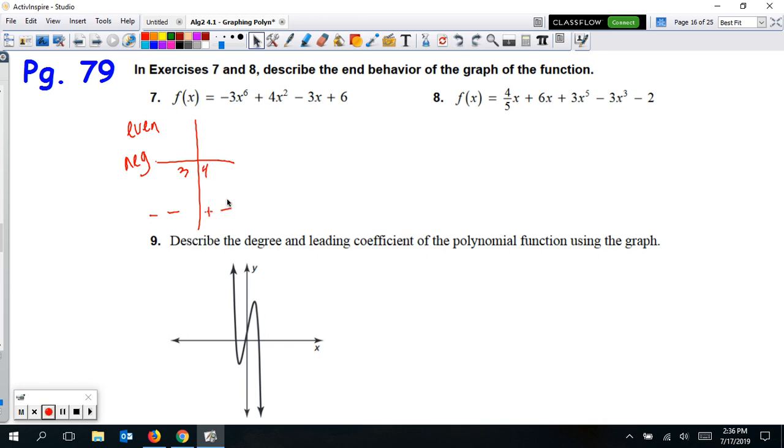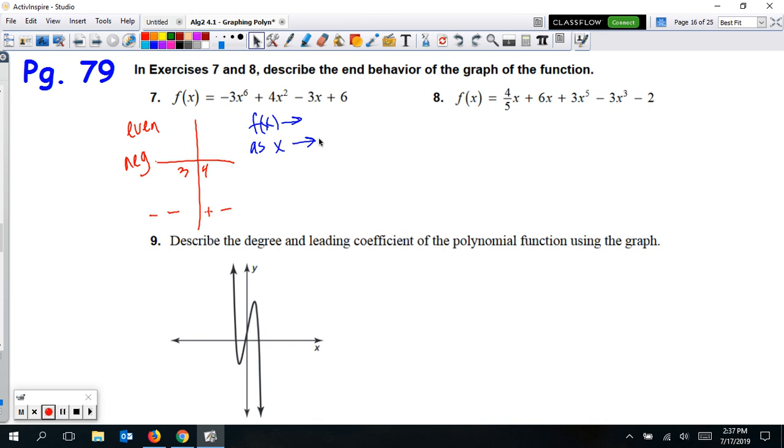The behavior of the graph is that the arrows are going to be coming out in quadrant 3 and quadrant 4. That's where x is negative and y is negative, and where x is positive and y is negative. So here's what you're going to write each time for end behavior: f of x approaches an infinity symbol, as x approaches another infinity symbol.